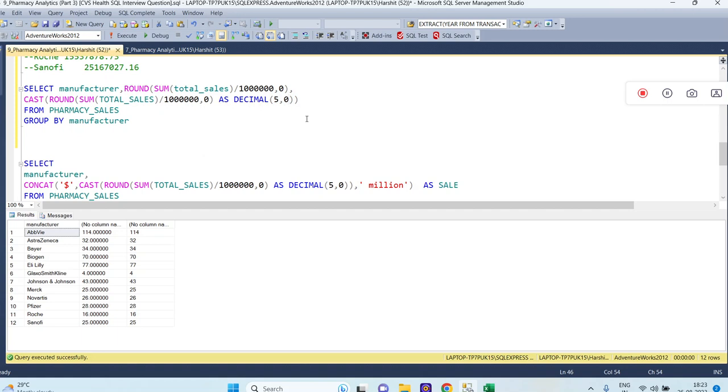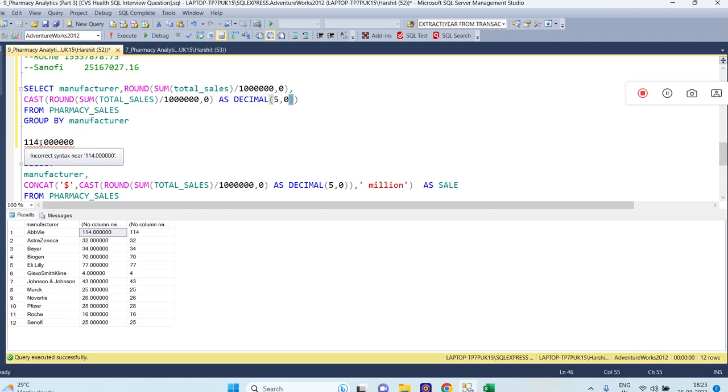So, what is the role of 5 here? I just wanted to check that. Okay, the role of 5 over here is that it indicates the digits before the point, and this 0 indicates the digits after the point.